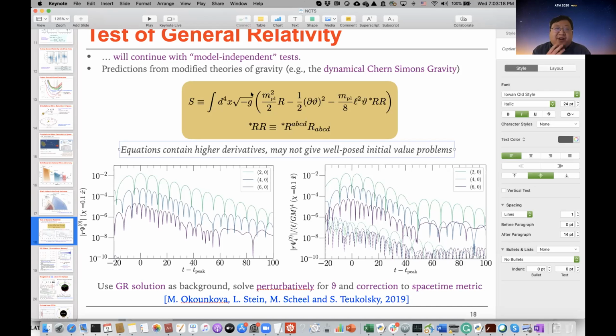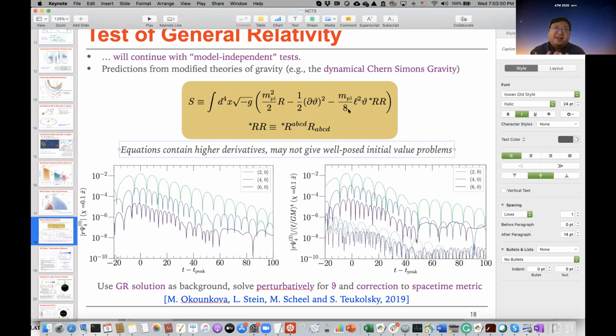So I think one very exciting development in the past few years was an approach where you first numerically solve Einstein's equations for binary black holes, and you use your numerical simulation as a background, and then you evolve the theta scalar field, and you evolve metric perturbations according to a new set of perturbative laws that uses the Chern-Simons parameter as a small parameter.